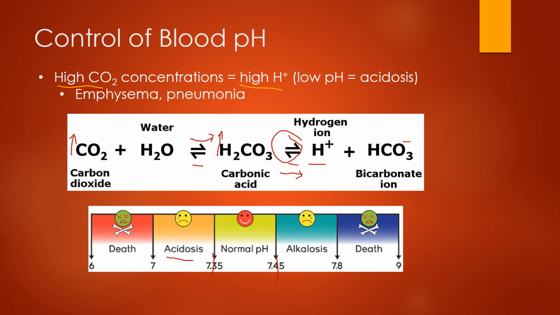So it's getting rid of that excess carbonic acid, shifting that equilibrium to the right. And what that's doing is making the concentration of those H plus ions go up because we're making more of it. So since we have more H plus ions, we now have a low pH because of that high concentration, and that is what can lead to acidosis.